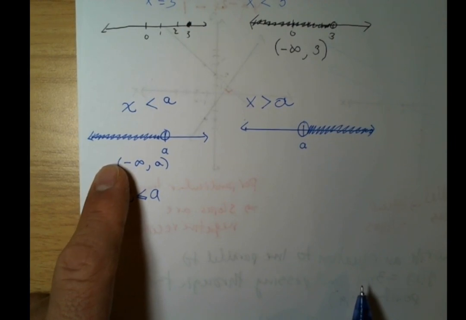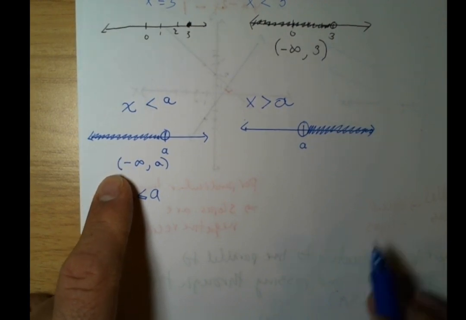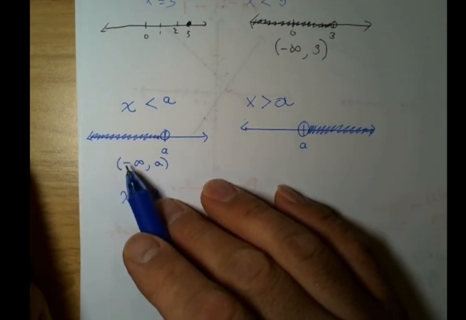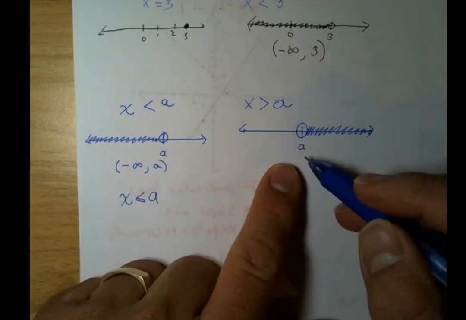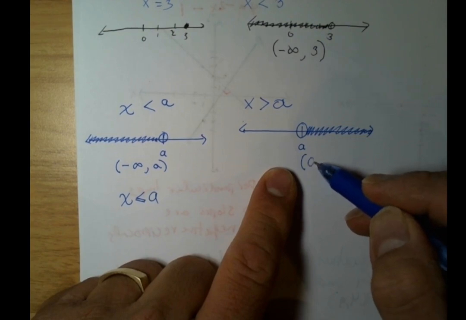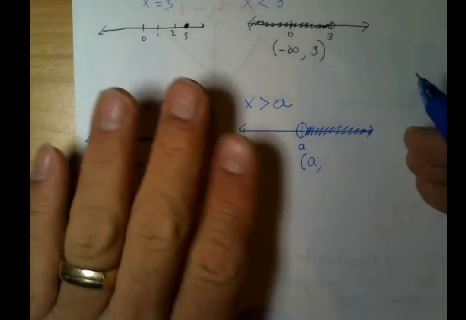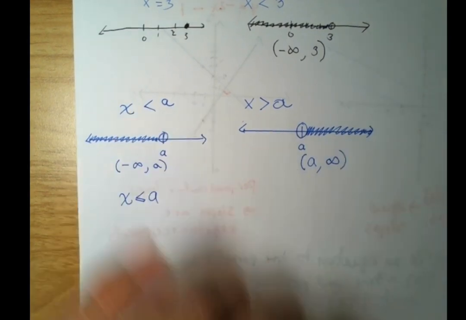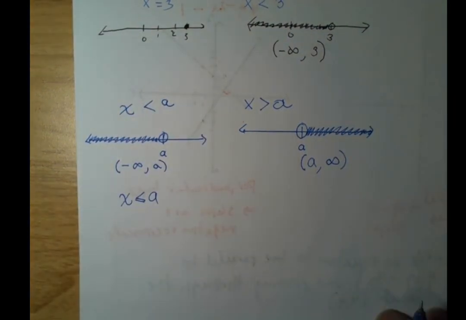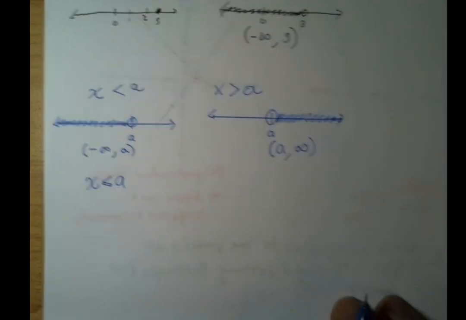Once we have the number line, it's easy to write. This one would be from negative infinity to a, since it's unbounded on the left. And over here we have from a to infinity, so it's bounded on the left by a but unbounded on the right. That's how we would write it with interval notation.